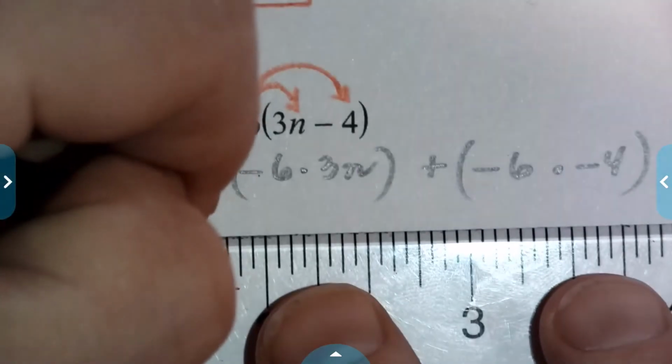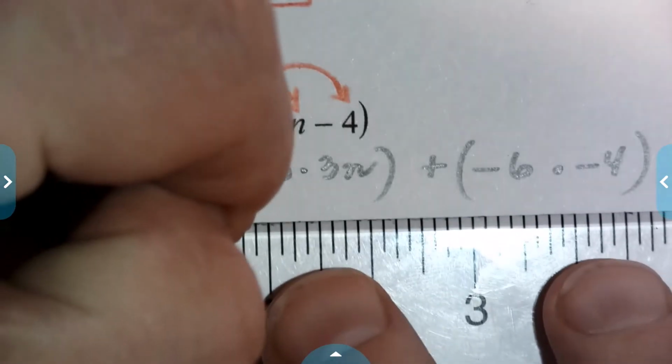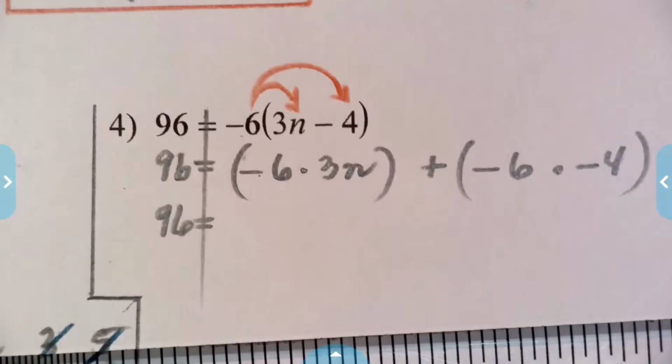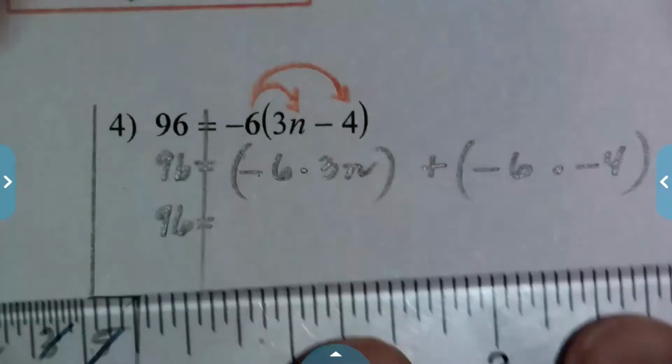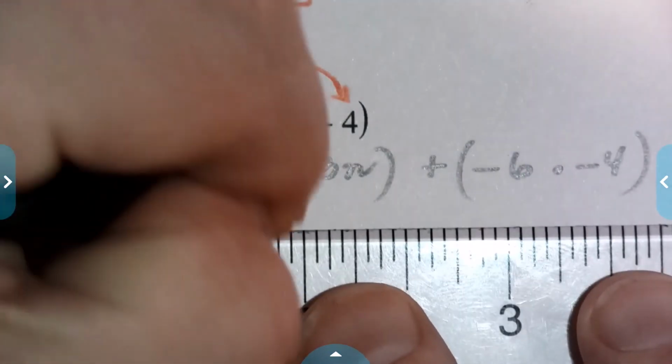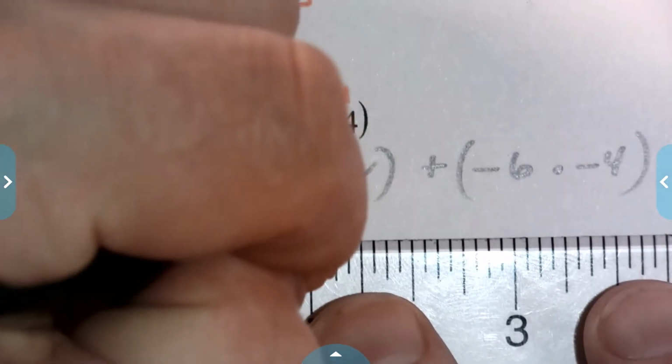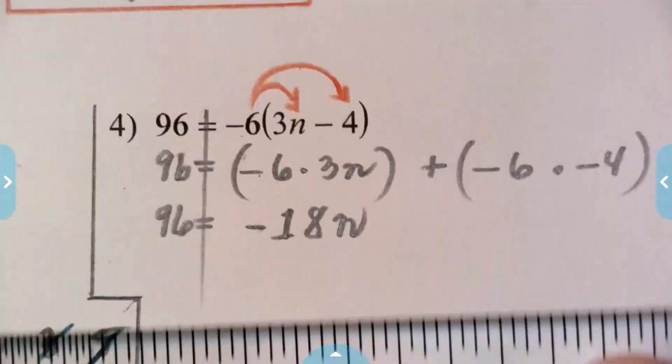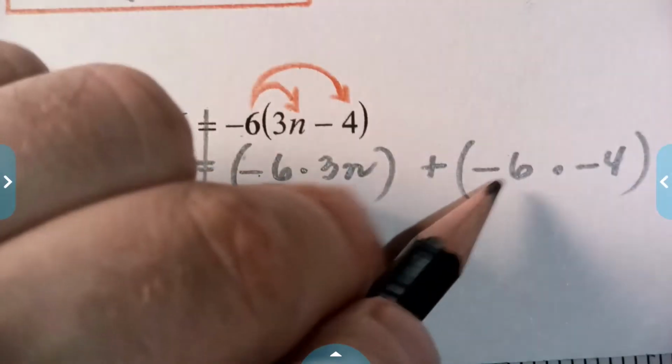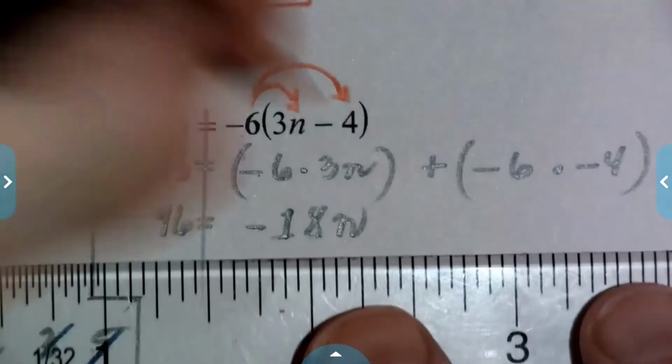Okay, well, that gives me 96 equals, 6 times 3 is 18, so negative 6 times 3n is negative 18n. And then negative times negative is positive, so this is plus 24.